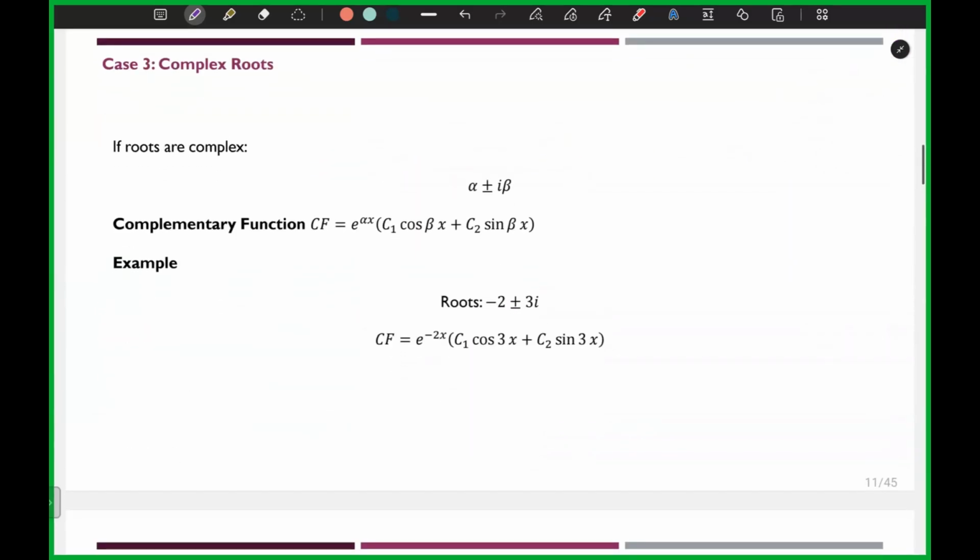Now we go for case 3, complex roots. You all know complex roots: say alpha plus i beta is the root of some polynomial, say m square minus 2m minus 8 plus something.